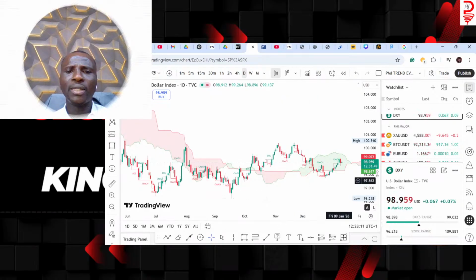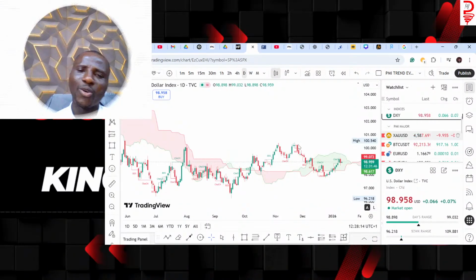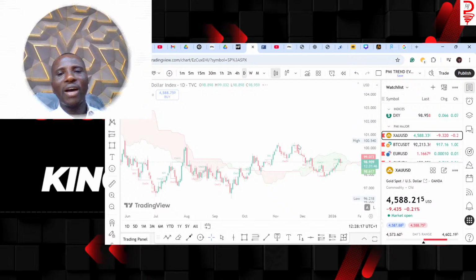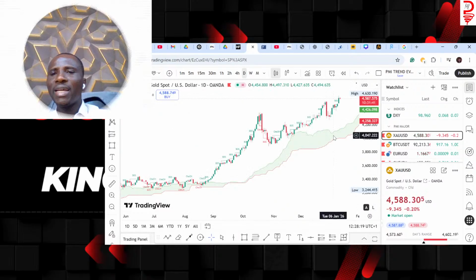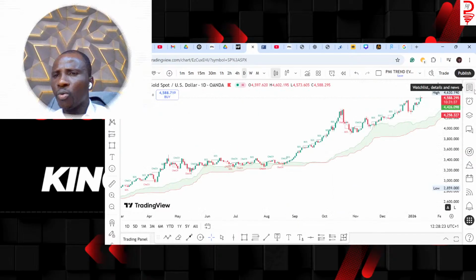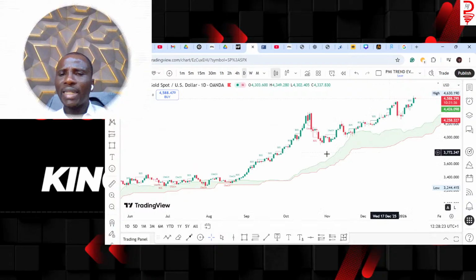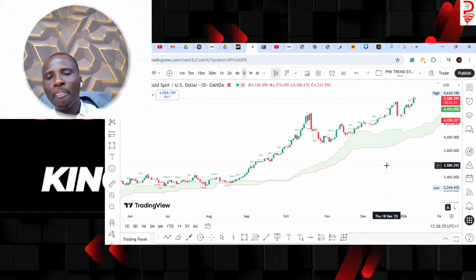Let's pick the first asset. I know an average trader wants to look at gold even when you don't have capital to trade it. Let's look at gold. What are we expecting on gold? Like I said, when we pick any asset, the first thing we want to do is to expatiate on the capital flow narrative of that asset based on the sentiment overview that we have been able to establish.